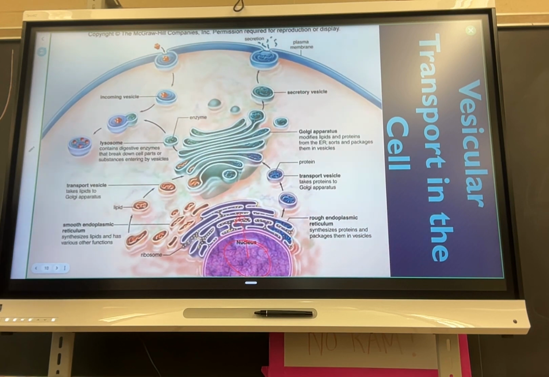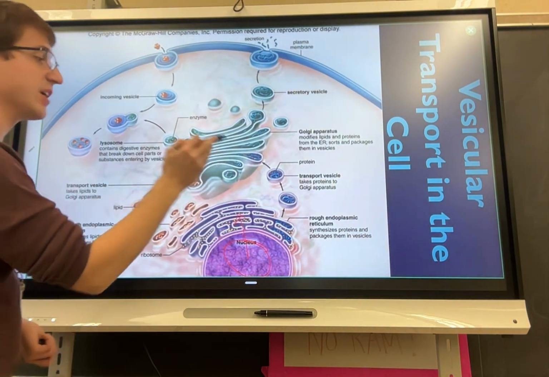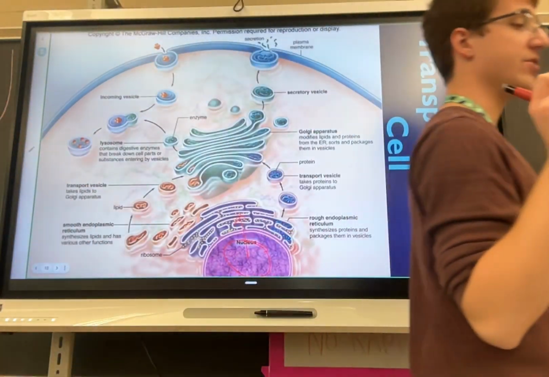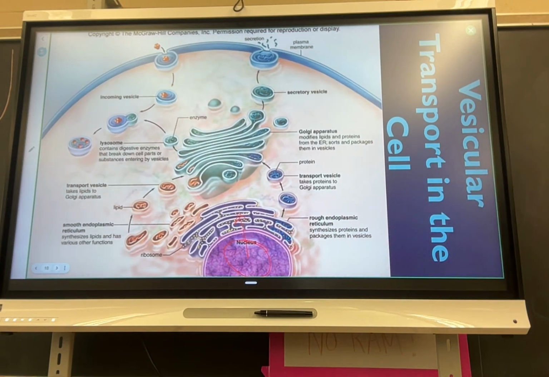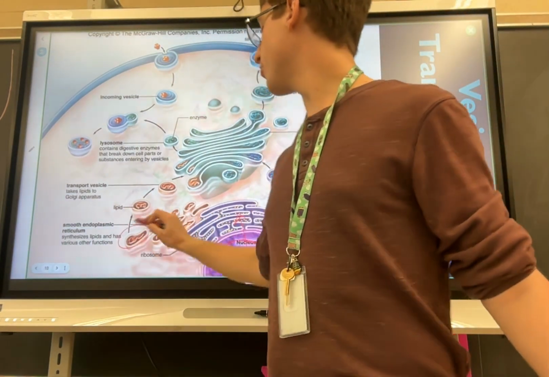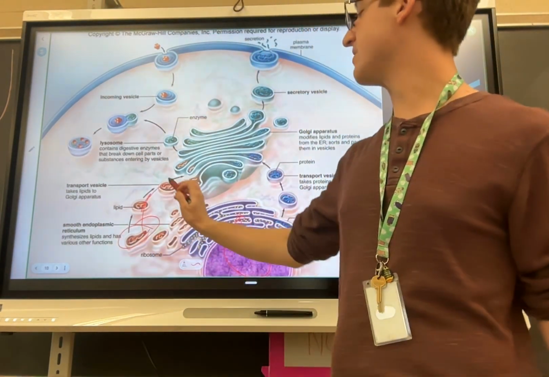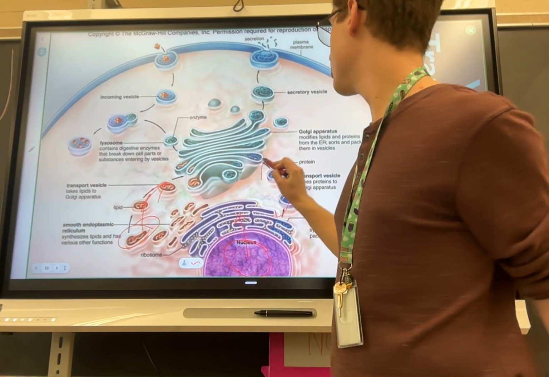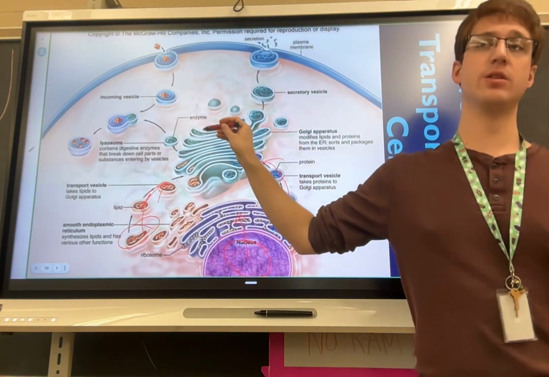Protein was one of them. Lipids was the other one. So the rough ER makes proteins because it has a whole bunch of ribosomes. Smooth ER makes lipids because it does not have ribosomes. So both of those are going to be packaged into vesicles and sent to this big stacked thingy. What was this again?